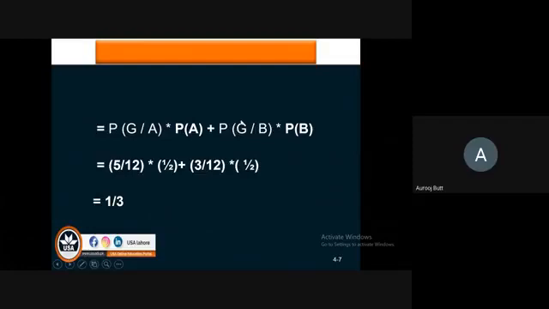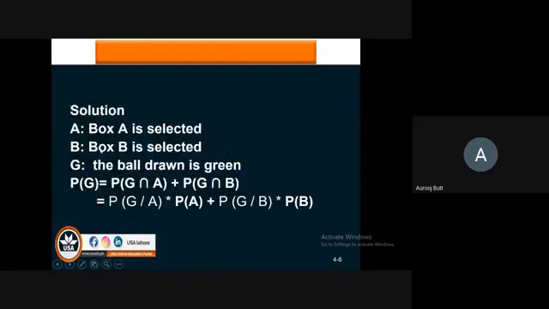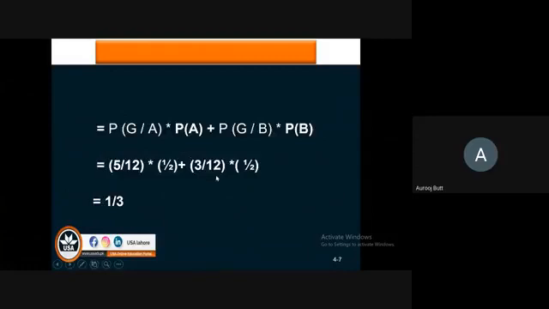How many favorable outcomes are there for this G event? That is 3. We have 3 green balls in box B. So simply you'll get the probability 3 by 12 when you need to compute the probability that the ball selected is green in color, with the condition that it was selected from box B.